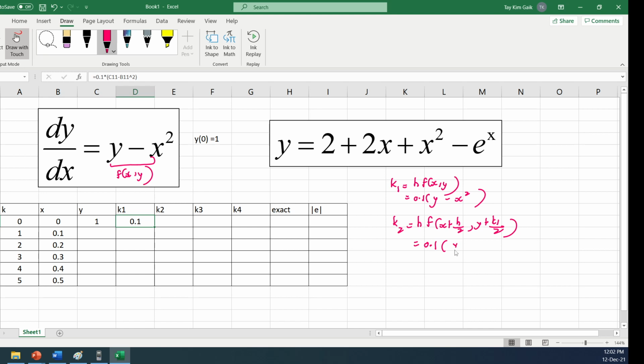Meaning you want y plus K1 divided by 2, and for x you want x plus h, which is 0.1, divided by 2, then squared.